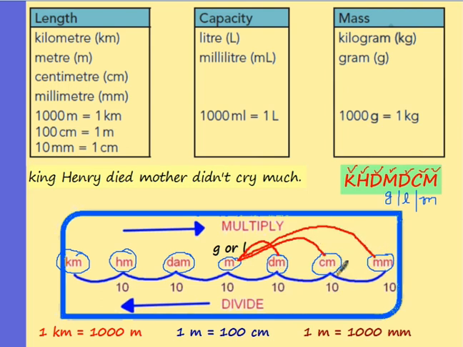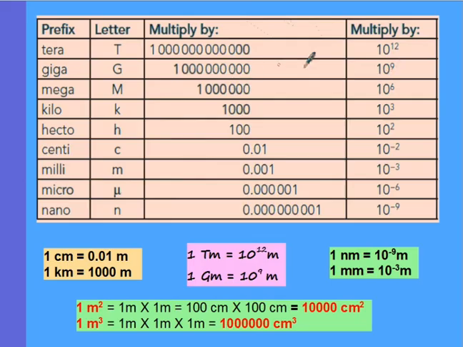When you go from a bigger unit to a small unit, we multiply. When we come from a small unit to a big unit, we divide. Here are the big prefixes, meaning these are the letters. Tera means T. So if they write TM, TM means 10 raised to power 12. So terameter, terabyte you must have learned, gigabyte, megabyte.